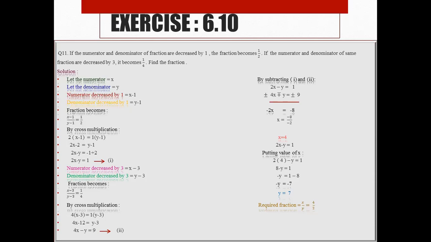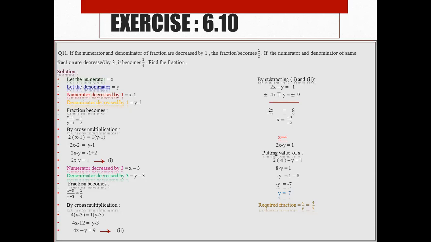Again, by cross multiplication, 4 goes with x minus 3 and y minus 3 comes to 1. Opening the brackets, 4x minus 12 is equal to y minus 3. Write the variable to the left side and the constant term to the right side. 4x minus y is equal to 9.